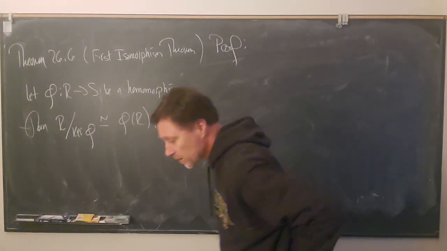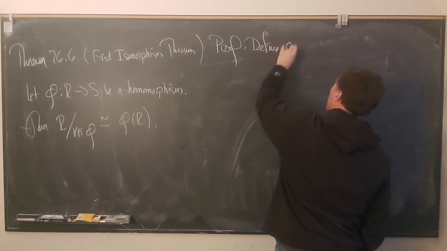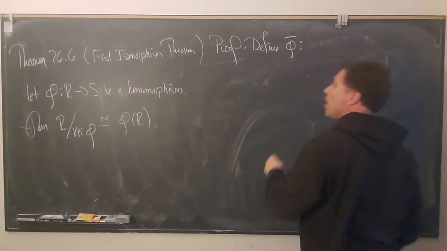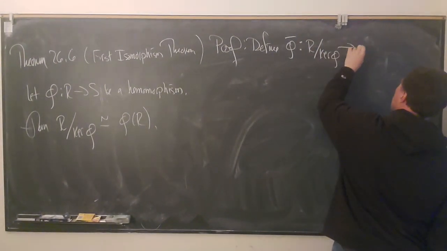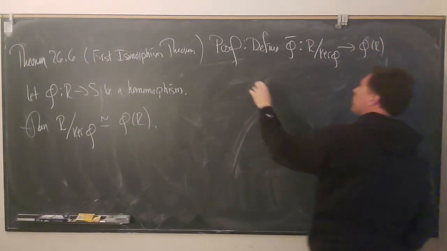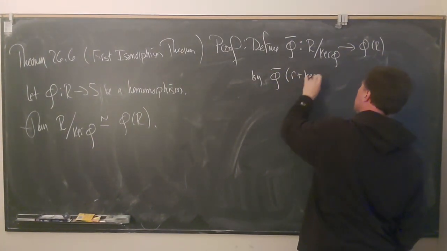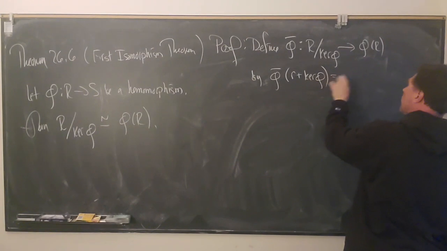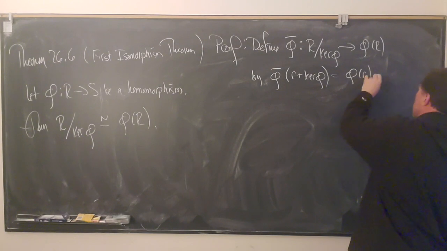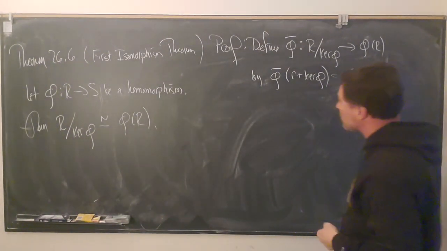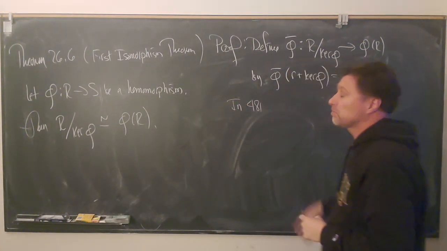It's the same mapping, so let's define phi bar from R mod kernel of phi to phi of R by phi bar of a coset equal to the output of its coset representative. Now, last quarter in 481, remember, this is a group.